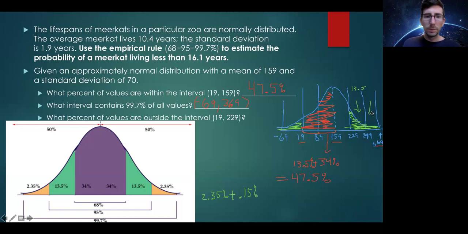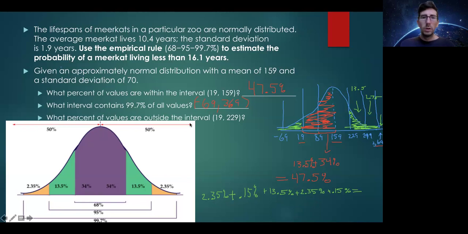This would be another 2.35 plus 13.5 plus that 2.35 plus, don't forget about this guy here, our last little 0.15%.